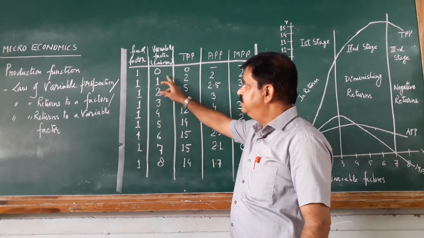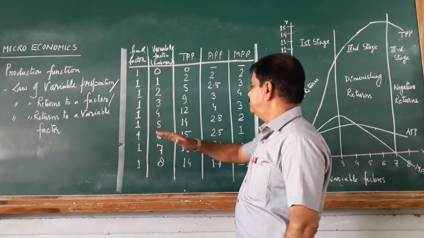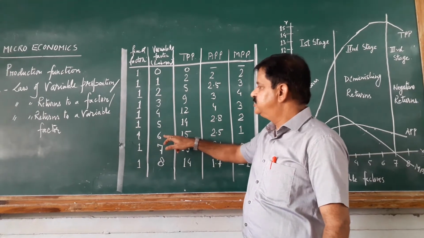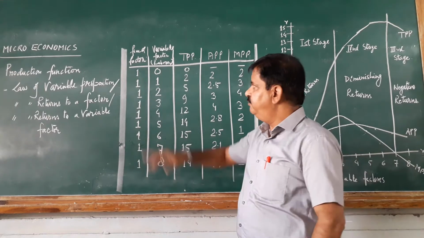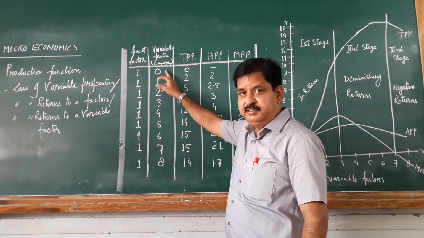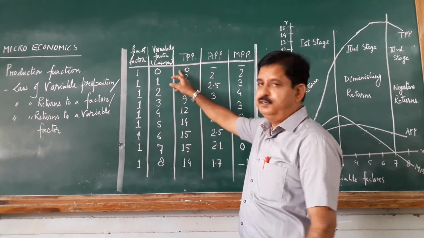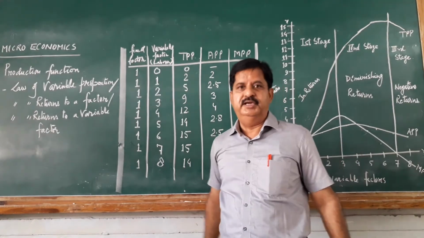You see that suppose on this machine we need only 6 workers. When we hired 0 workers, no workers, the total production will be 0, and average and marginal production will not be there.